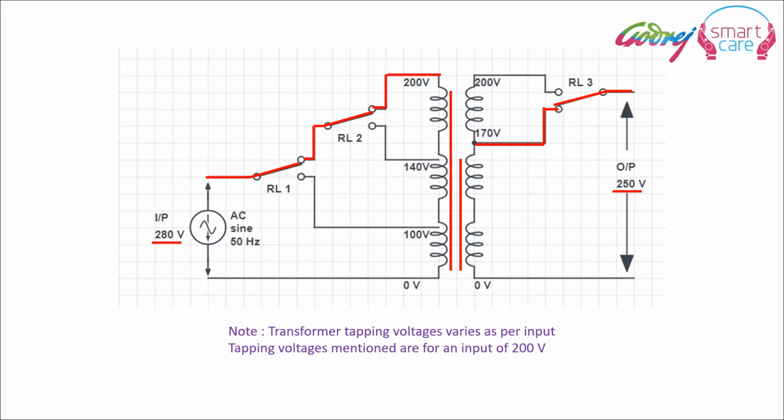Here you can see the relays, they are switched on automatically so that the output voltage steps down to 250 volts when the input is as high as 280 volts, which is dangerous for the appliance.